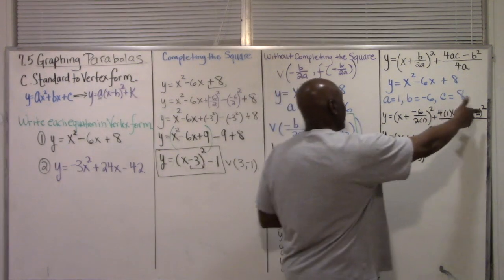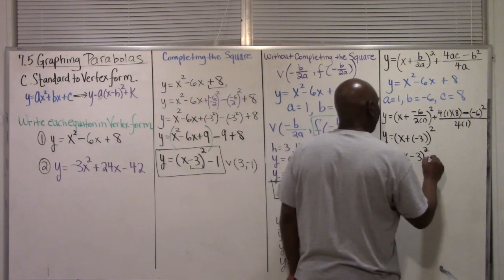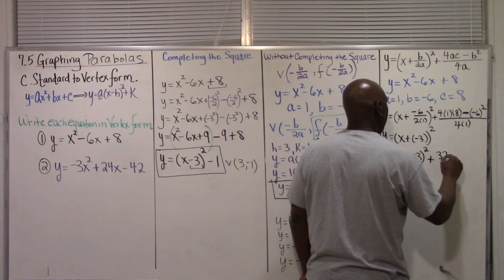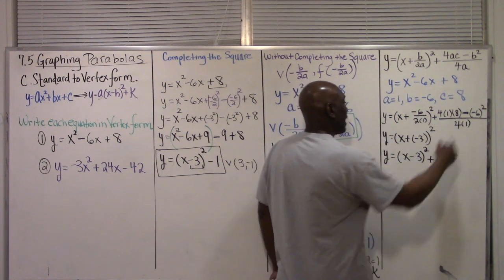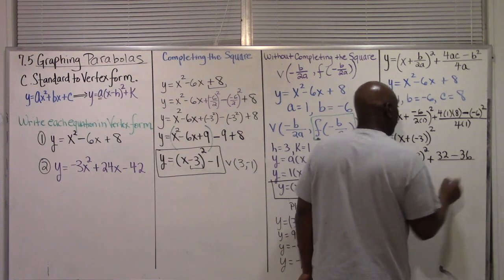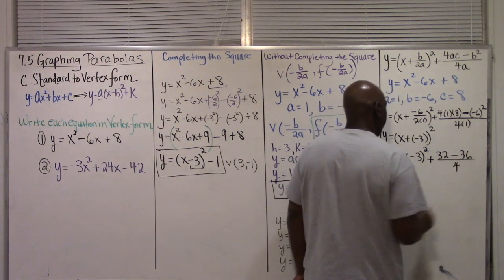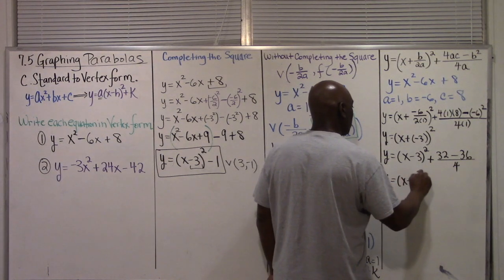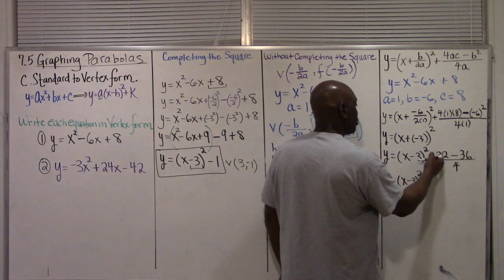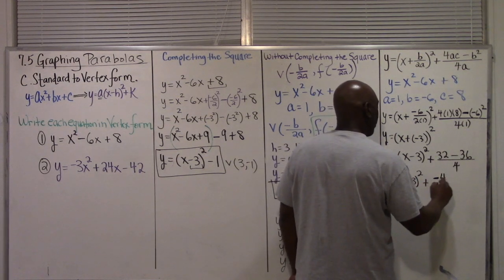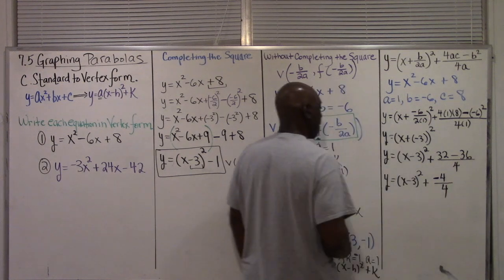Alright, let's do the same right here. Plus 4 times 1 times 8 is 32, minus negative 6 squared is 36, divided by 4 times 1 is 4. So we're going to get y equals quantity x minus 3 squared plus 32 minus 36 is negative 4 divided by 4.